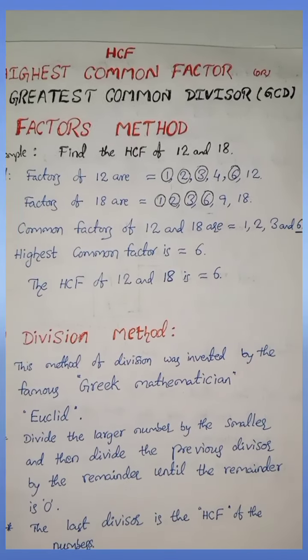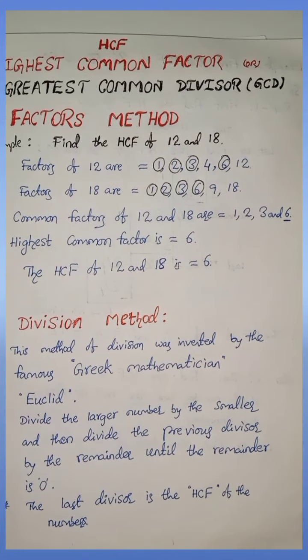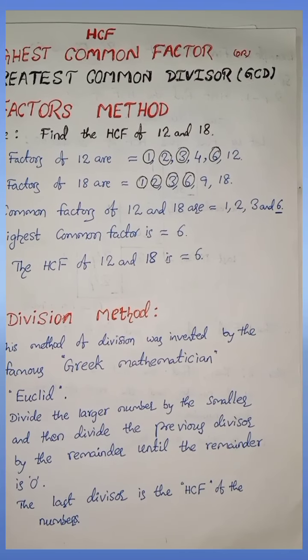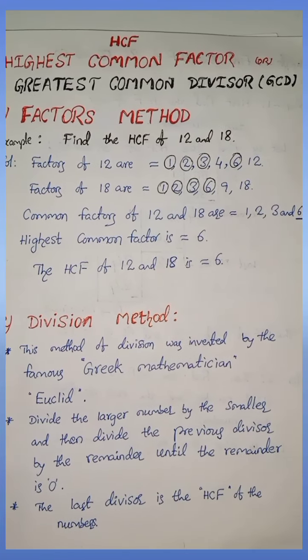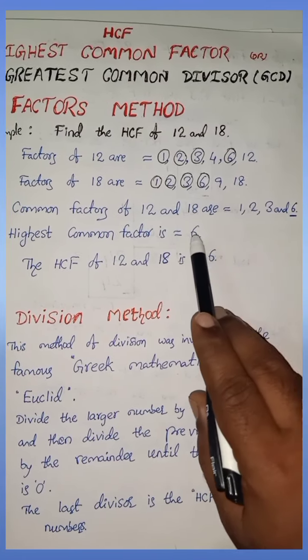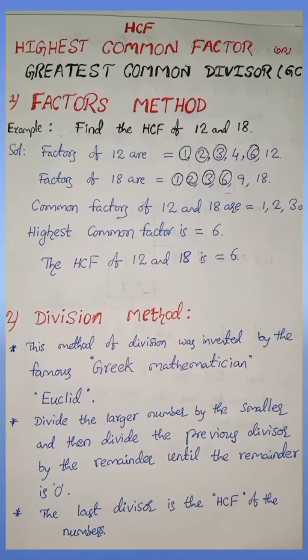On observation, the common factors of 12 and 18 are 1, 2, 3, and 6. Here we say that the highest common factor is 6. So finally we say that the HCF of 12 and 18 is 6.